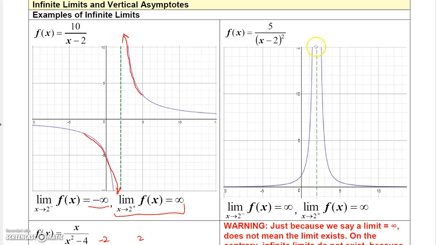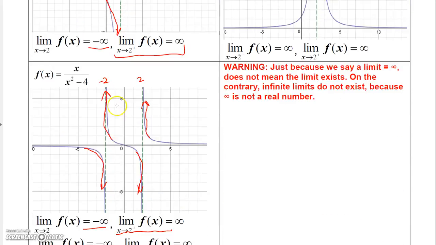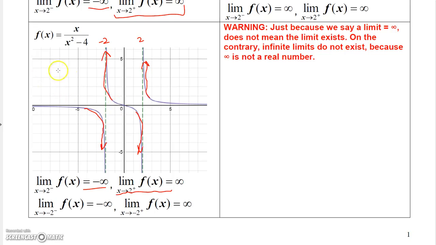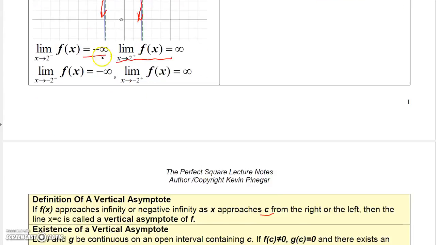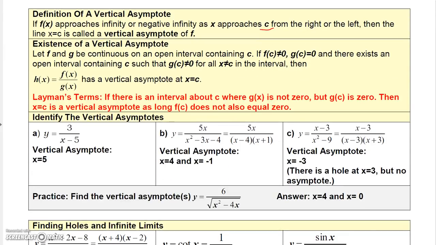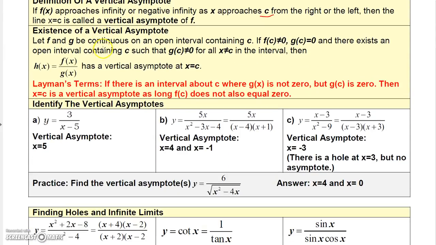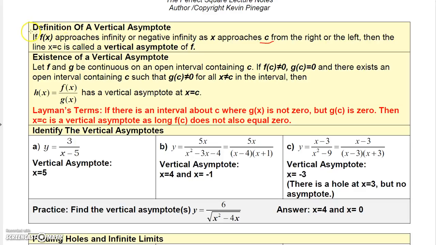Same thing over here. x equals 2 is a vertical asymptote. Here, x equals negative 2 is a vertical asymptote, and x equals positive 2 is a vertical asymptote, because those limits go to infinity or negative infinity as x approaches those numbers from one side or the other.